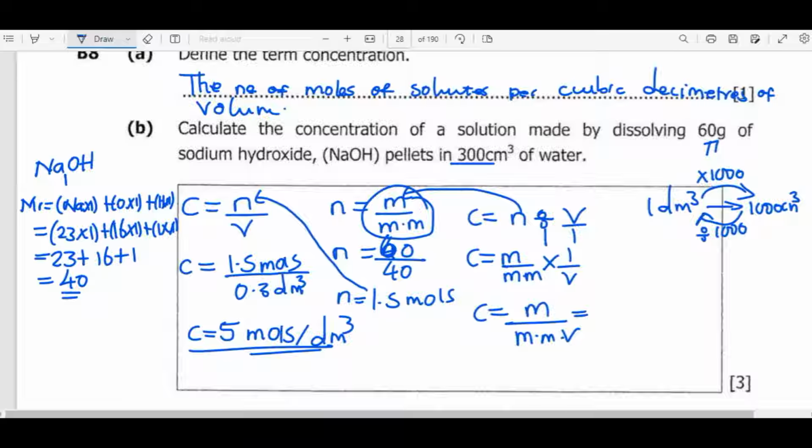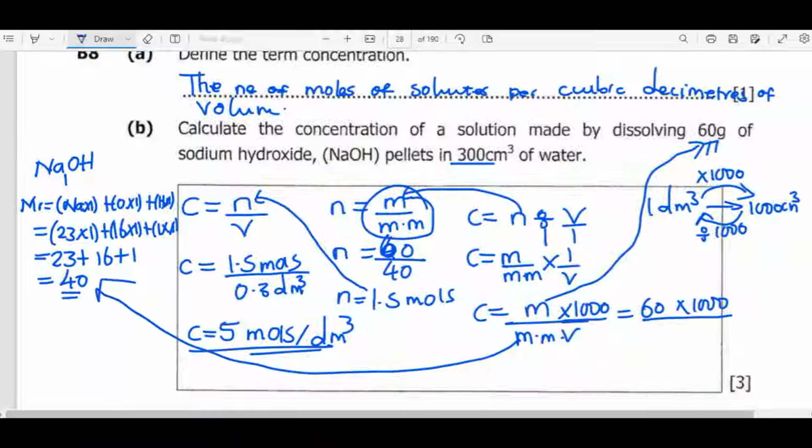And if the volume is given in cubic centimeters, you want to do it without the conversion, then this number on top must be multiplied by 1000. So let's check. Remember, the mass is 60 times 1000 over the molar mass 40 times the volume. Now the actual given is 300, so let's do the math here.